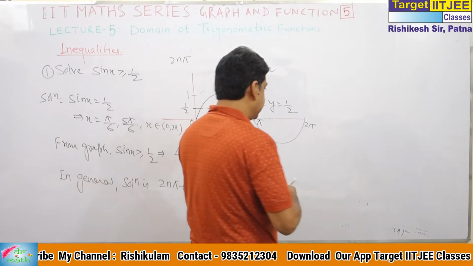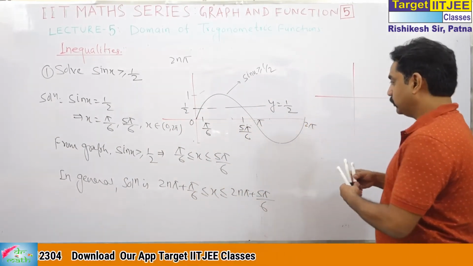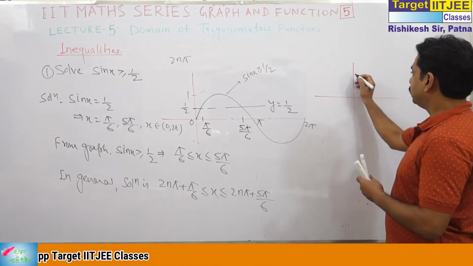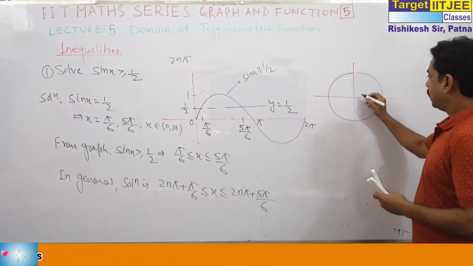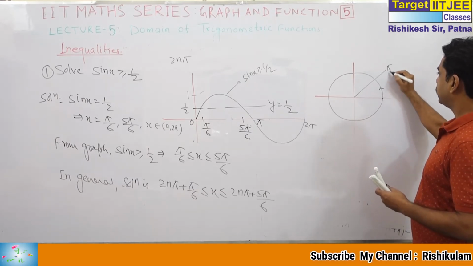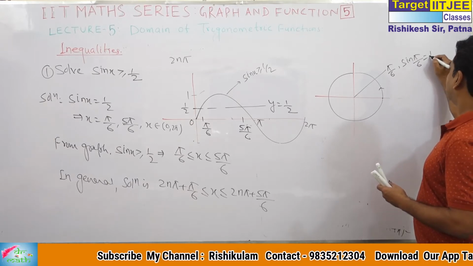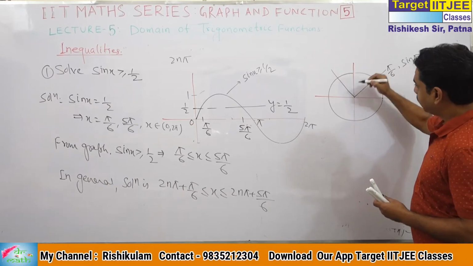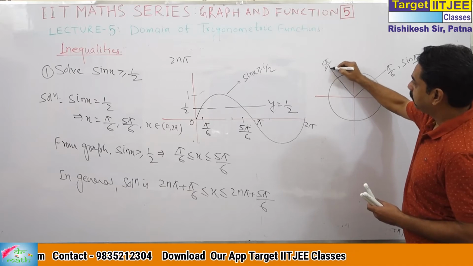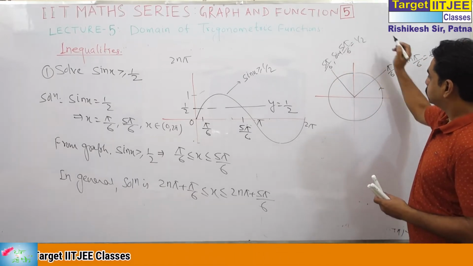Sometimes you can also analyze this as follows. Sometimes we do. Actually start from here, move in the anti-clockwise direction. This is pi by 6 because sin pi by 6 is 1 by 2. This is 5 pi by 6 because sin 5 pi by 6 is 1 by 2.